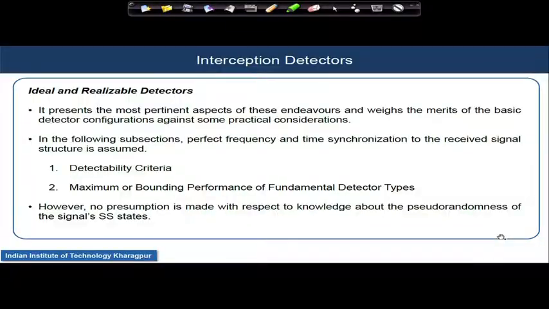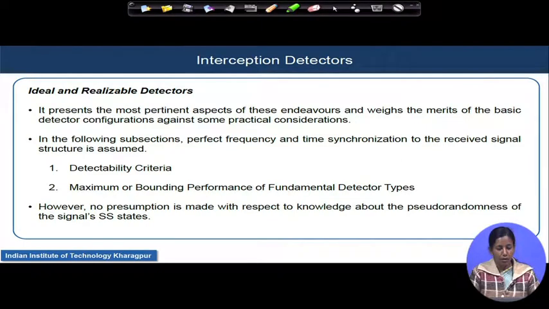Ideal and the realizable detectors. Basically we will start with that, then slowly go ahead with the realizable and practical detectors available. It presents the most pertinent aspects of these endeavors, and some merits and some basic detector configurations we will also be discussing.